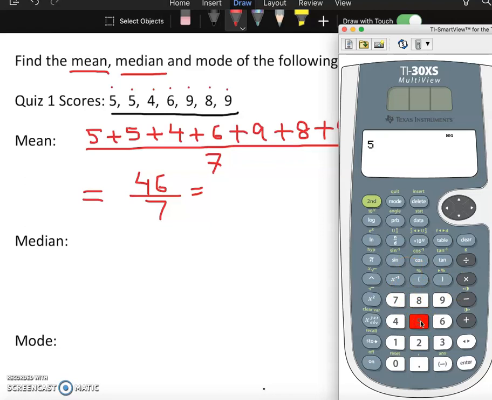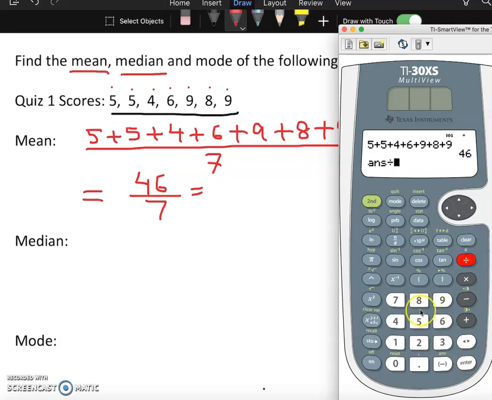5 plus 5 plus 4 plus 6 plus 9 plus 8 plus 9, enter, 46.